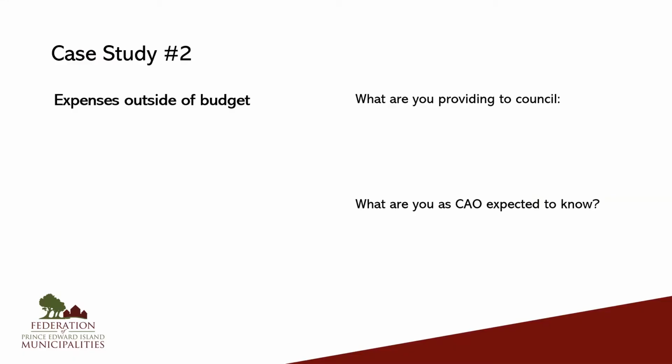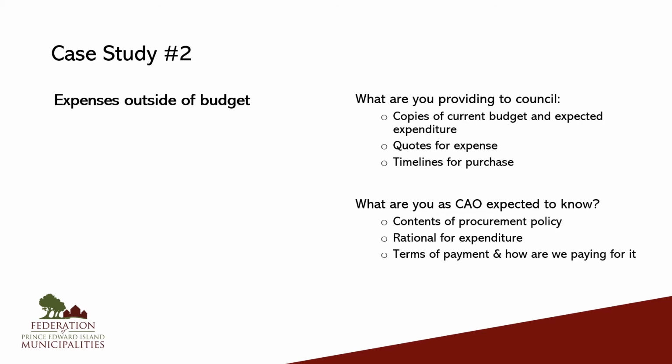So if you have a minute, take a minute and answer the question for this particular example: expenses outside of budget. What are you providing to council? And what are you as CAO expected to know? So, pieces of information that you would be required or expected to provide to council might be copies of your current budget and information around the expected expenditure, quotes for the expense.